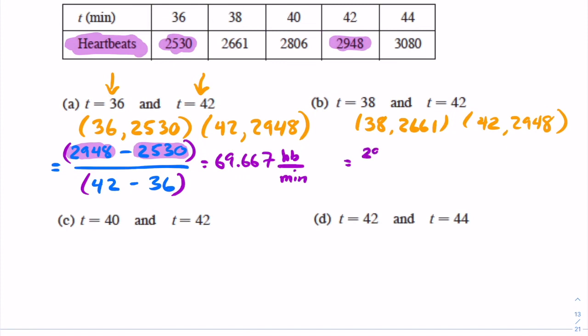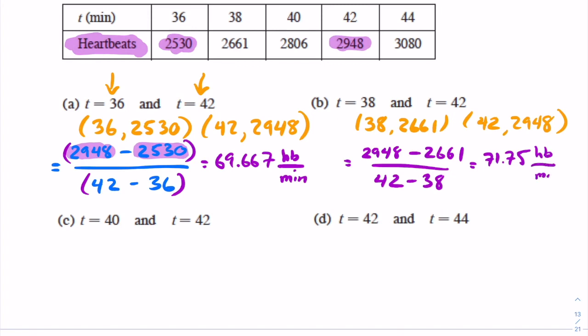So you should have 2,948 minus 2,661 all over 42 minus 38. Let me go ahead and compute that real quick. 2,948 minus 2,661. So you should have gotten 71.75 heartbeats per minute.